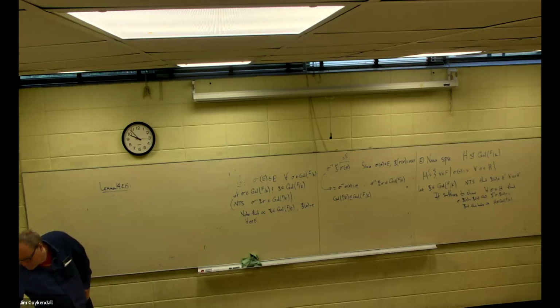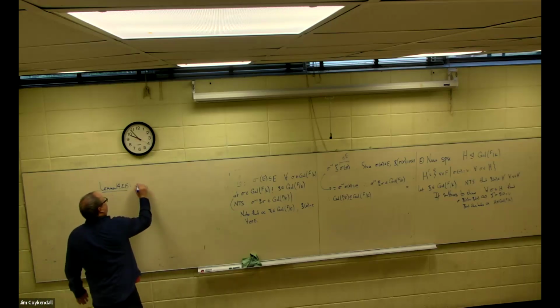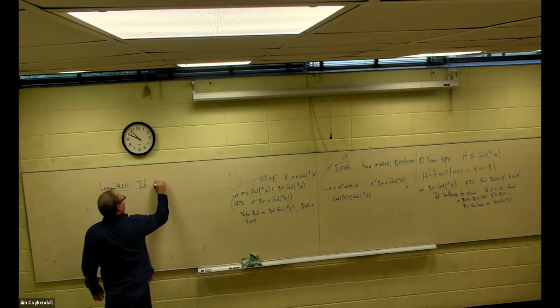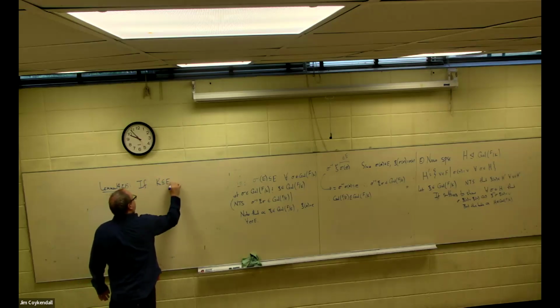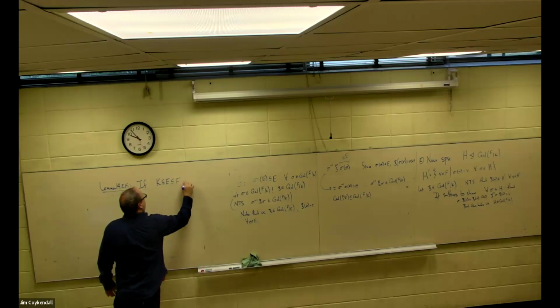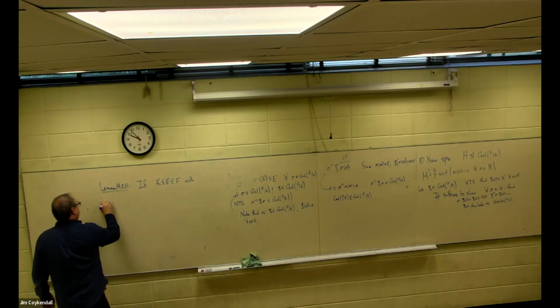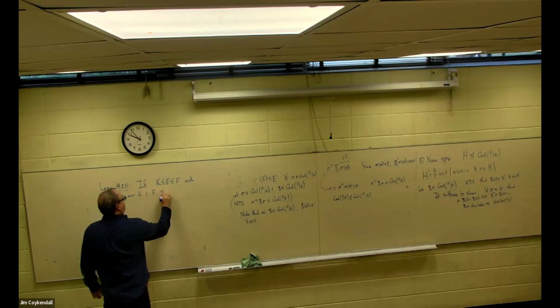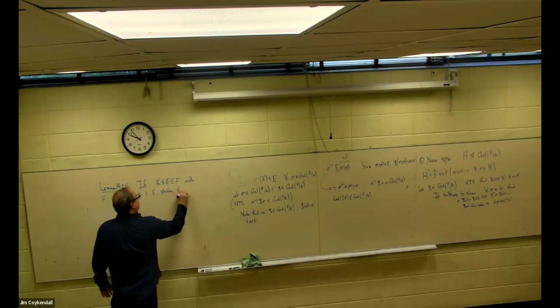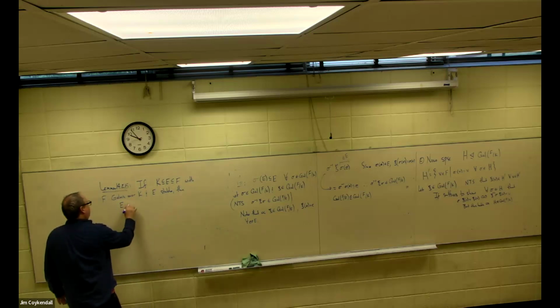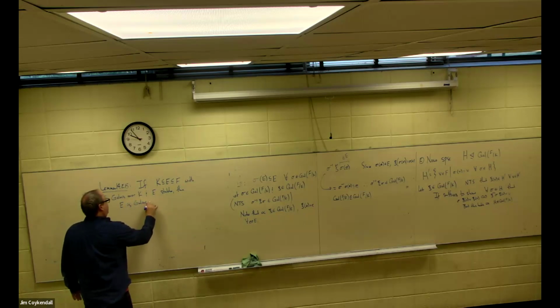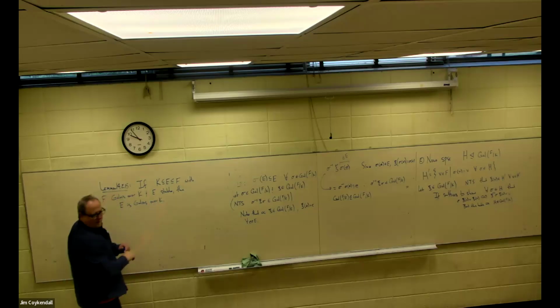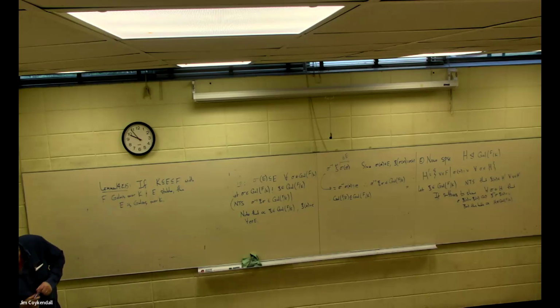The last theorem says if F is Galois over K and E is a stable intermediate extension, with F Galois over K and E stable, then E is Galois over K. And that'll do it for today.